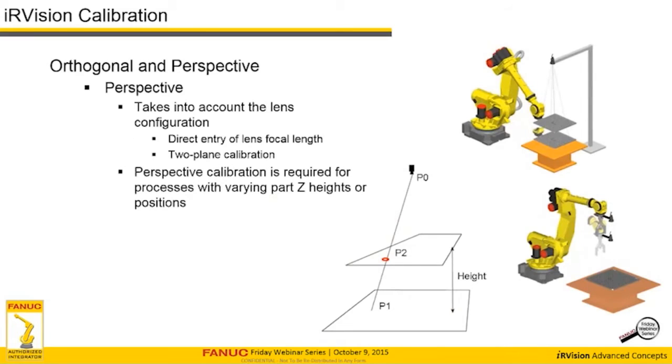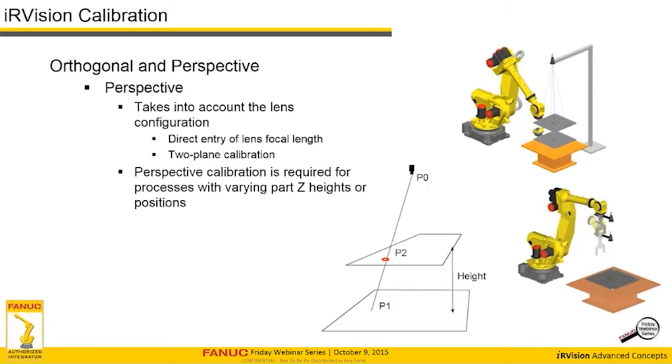But let's talk about perspective. Perspective is a calibration that, when we're looking at precision applications, even if you don't have consistent part variation in height, has the potential and usually does produce a much more accurate, much more precise location of the object in space.